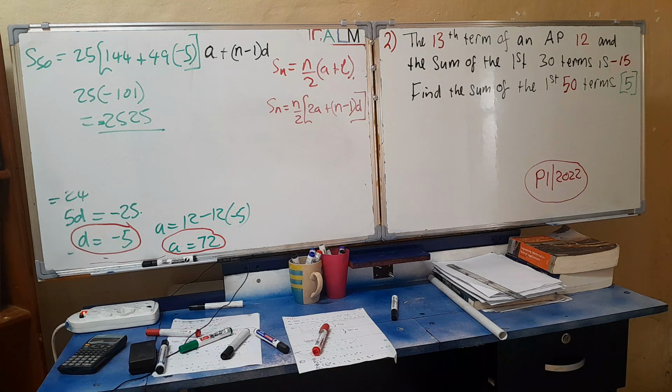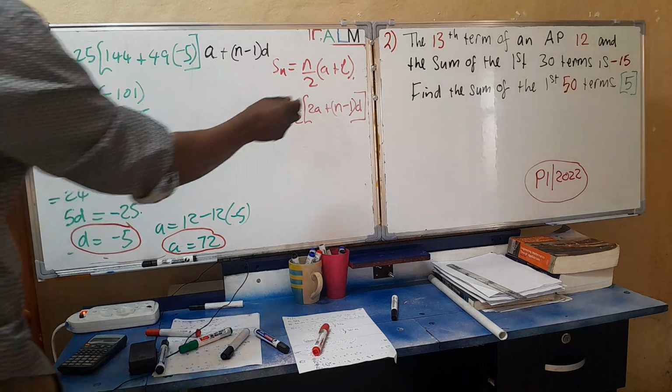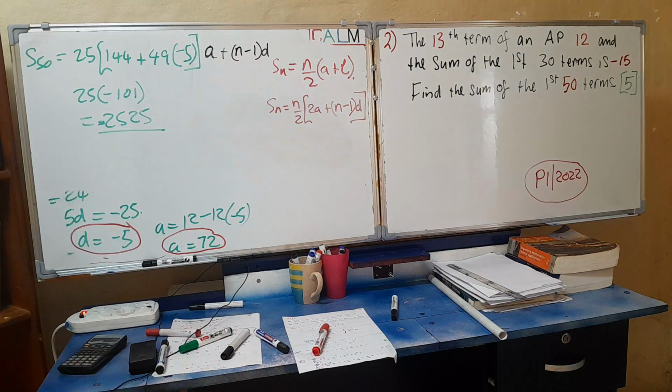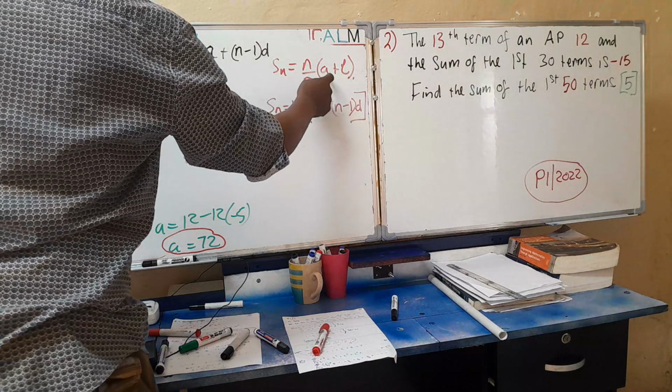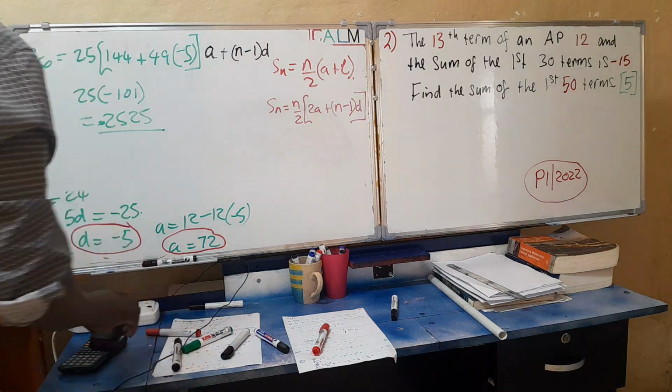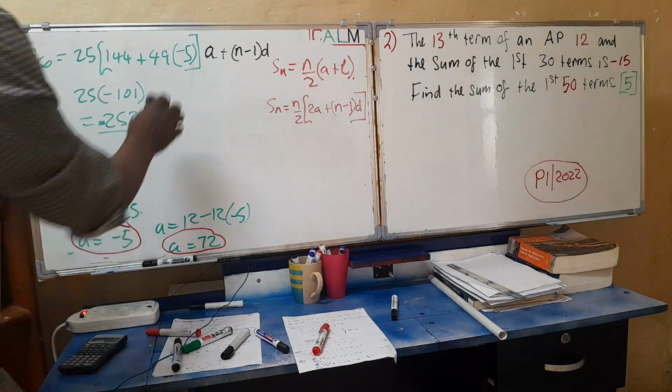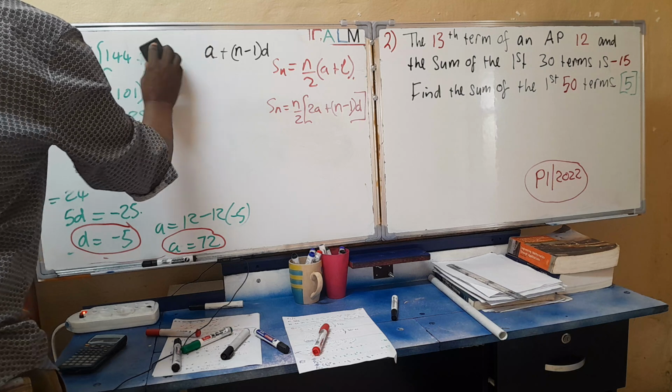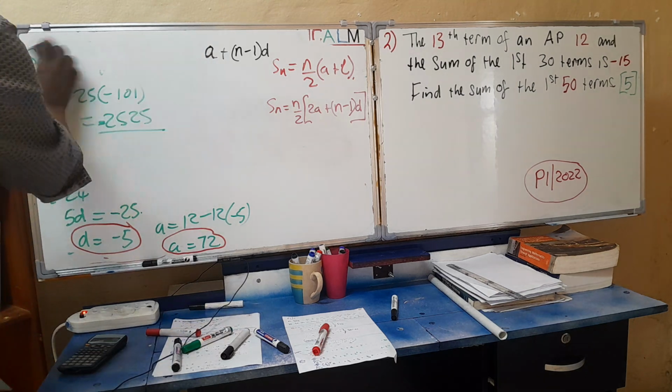One might ask, does this formula also work? Of course, first of all, now that we know our a and our d, we can find our L and then plug in a and L. Let's see if we can do that. Let's clear, of course, we no longer need this, but we got minus 2,525.